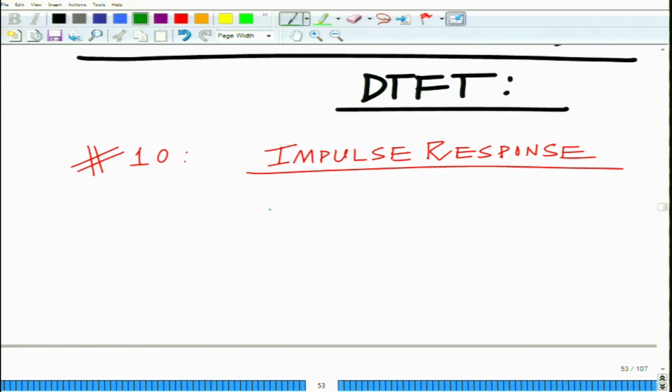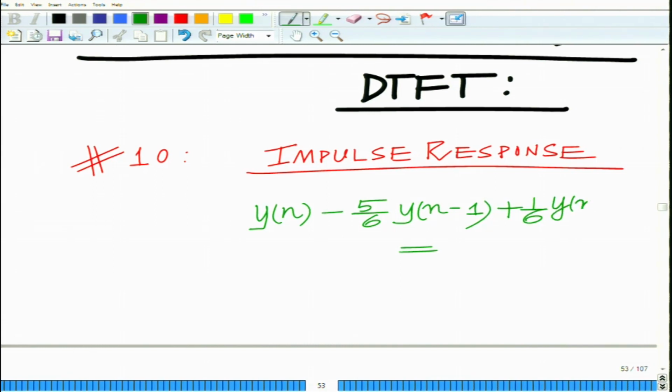So, we have the difference equation, that is y[n] minus 5 by 6 y[n minus 1] plus 1 by 6 y[n minus 2] equals x[n]. Okay. And basically this is the given difference equation.